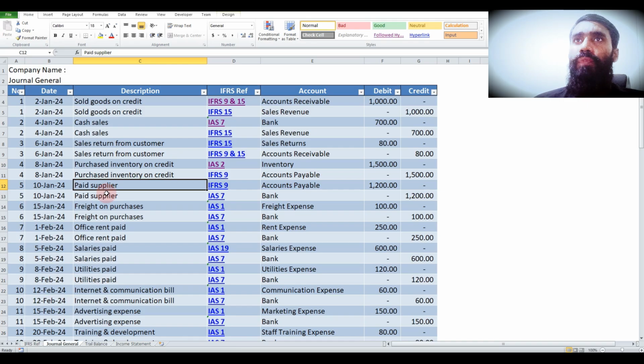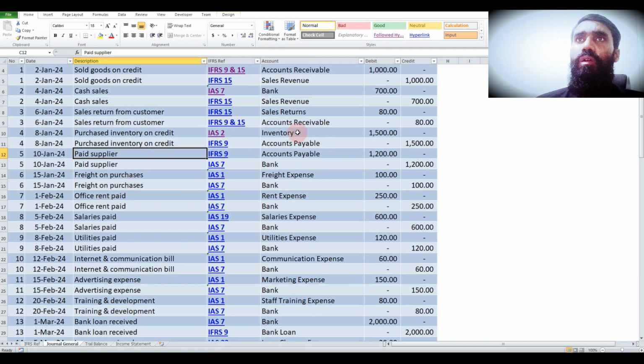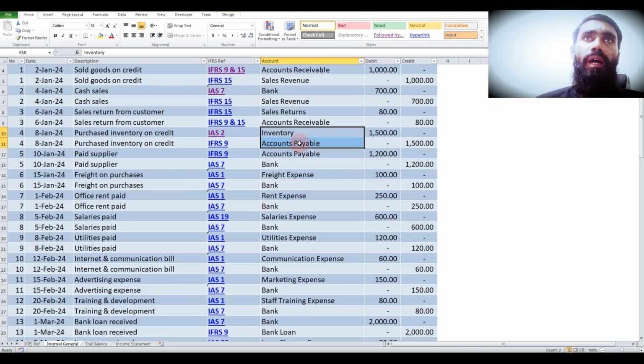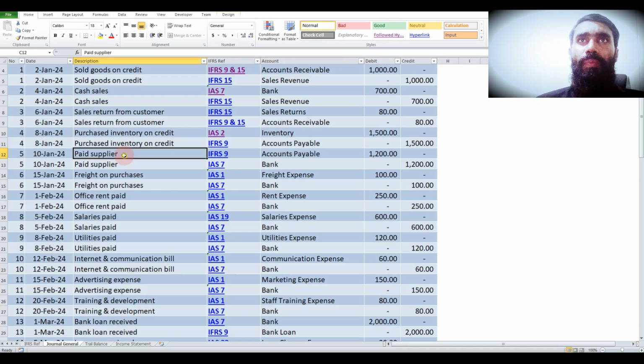Now the fifth entry I have passed, pay to suppliers. Here I purchased on credit basis. Now I am paying to the supplier. In this entry under IFRS 9 we have discussed before, and IAS 7 also we have discussed before. Accounts payable debit, bank credit.